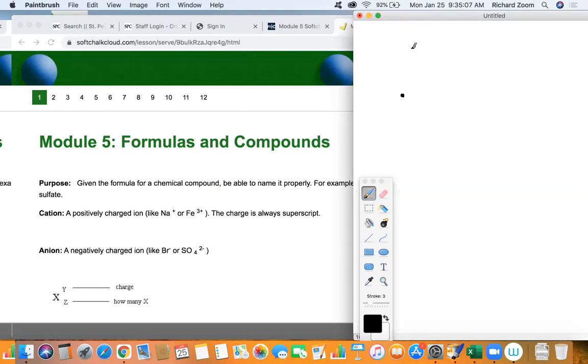Okay. So let me just put a summary here of what we know. We've got the type 1 cations, and these charges do not change. That's kind of what's most important about them.